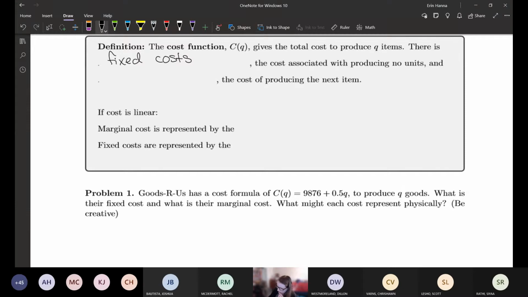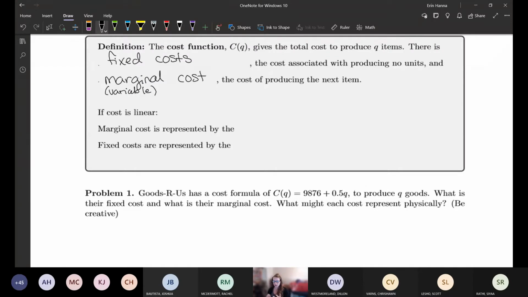And then there's going to be the marginal cost. This is also sometimes called the variable cost. I usually default to marginal, but if you see variable cost, or I say variable instead of marginal, they're the same thing. So the marginal cost is the cost of producing the next item.